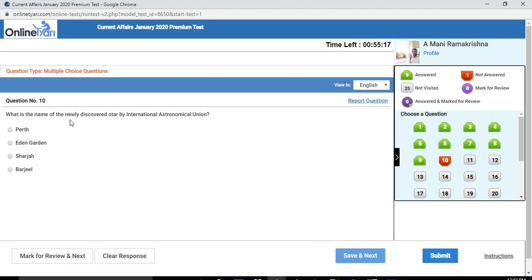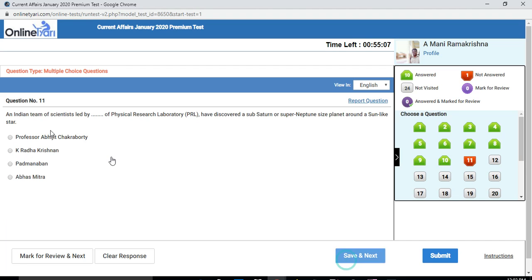What is the name of the newly discovered star of the International Astronomical Union? An Indian team of scientists led by the Physical Research Laboratory have discovered a sub-Saturn or sub-Neptune sized planet around the Sun-like star. Options: Radhakrishnan, Navasmitra, Professor Bij Chakrabarti.